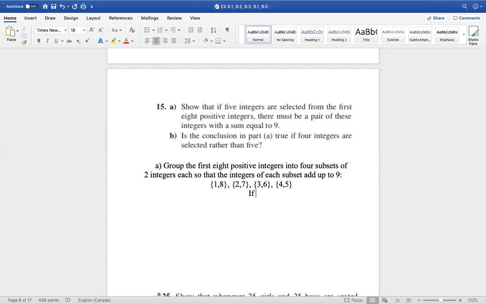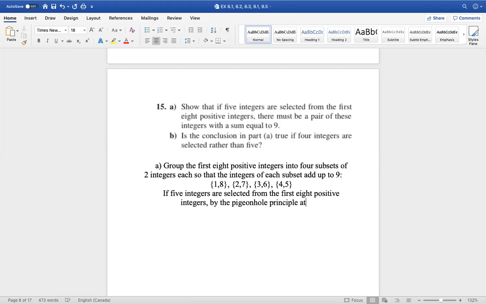Okay, so if 5 integers are selected from the first 8 positive integers, by the pigeonhole principle, at least 2 of them come from the same subset, right?